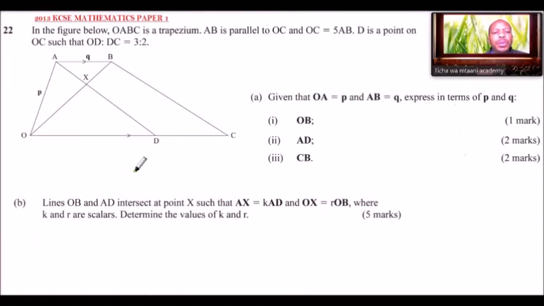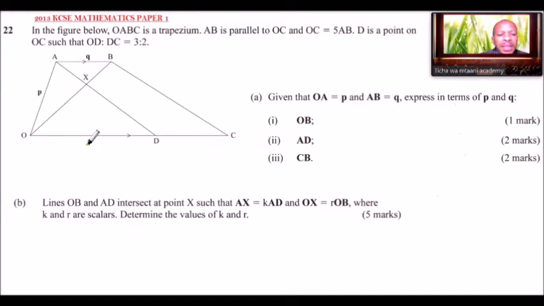Question number 22. In the figure below, OABC is a trapezium. AB is parallel to OC, and OC is equal to 5AB. So we have our trapezium here, OABC. We are told OC is 5 times AB. D is a point on OC, such that OD is to DC as 3 is to 2.